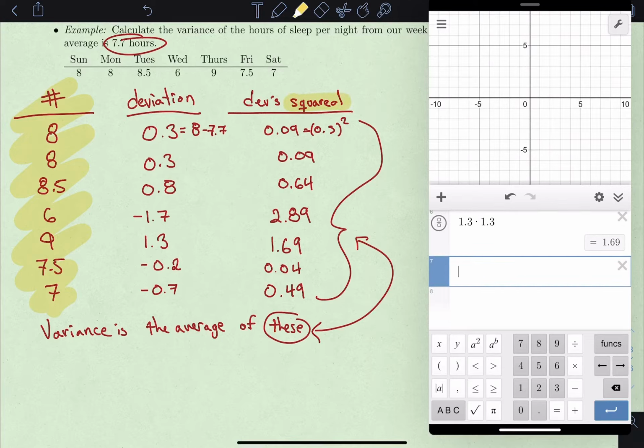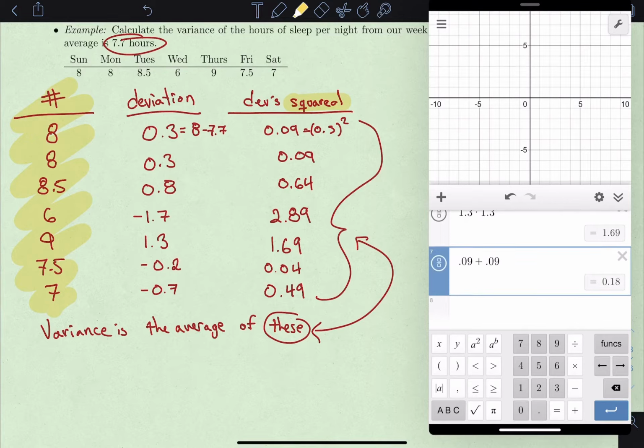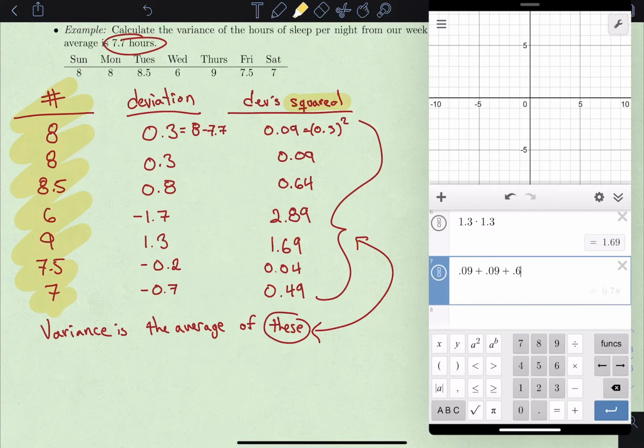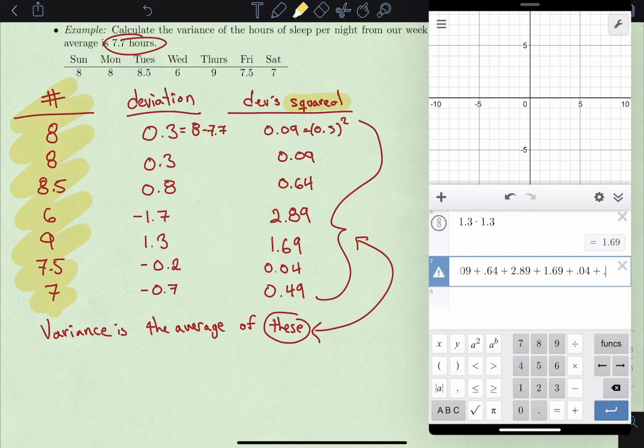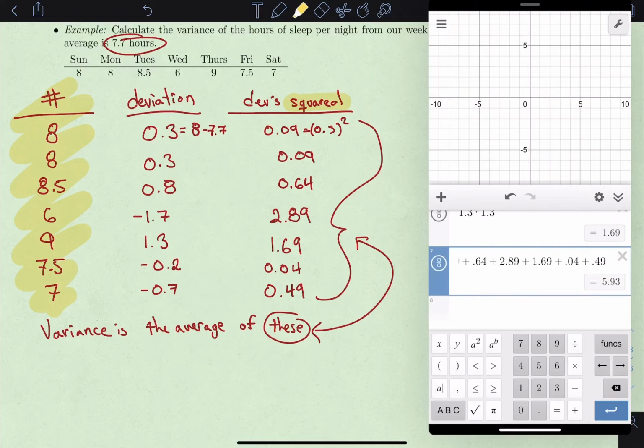And then let's add those numbers up and divide by how many there are. Okay.